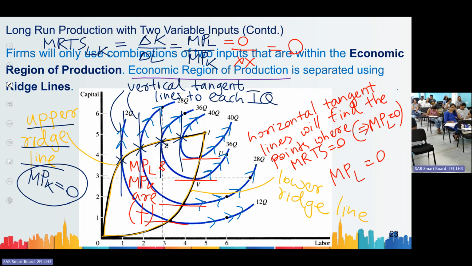In this range, marginal product of capital will be negative. And over this range, marginal product of labor will be negative.